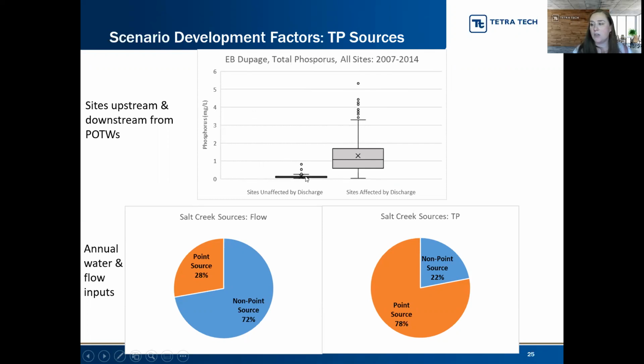These are the concentrations and ranges thereof, and statistics of those in stream, both upstream and downstream of those discharges.